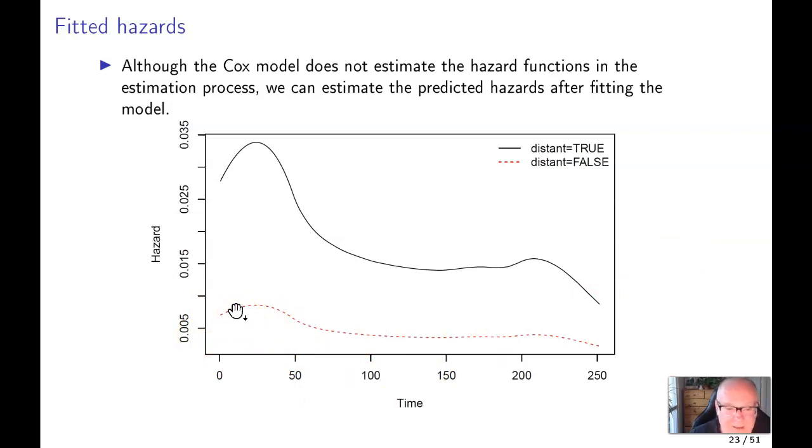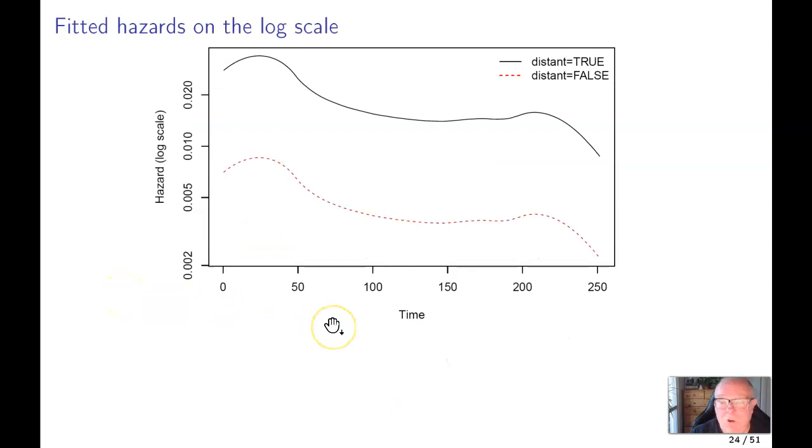And we could compare these to the empirical hazards, the ones estimated from the data without modeling, as a way of assessing the goodness of fit. So here we have the two fitted hazards, and these lines will be proportional. Or if we plot these on the log scale, there should be a constant difference between these curves.